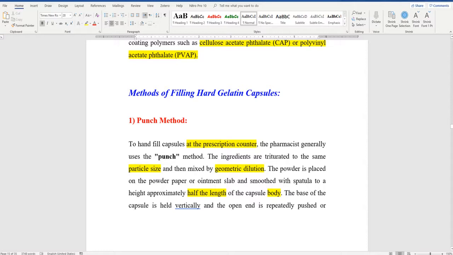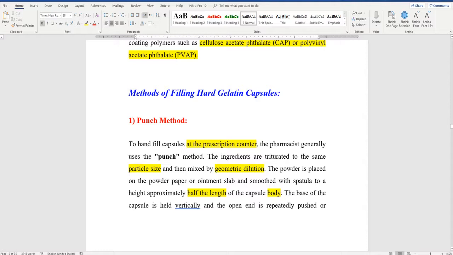The last thing we talked about was what to do when you want to fill the capsules. First, you should determine the formulation that you want to use, and then determine the size of the capsules according to the amount of powder formulation that you will add to the body of the capsules.